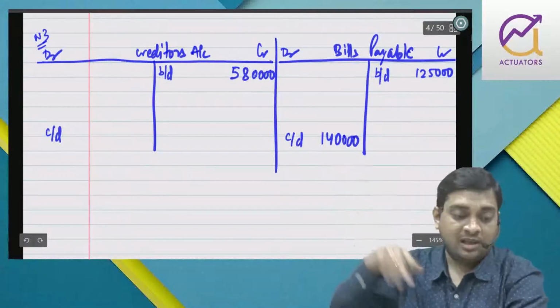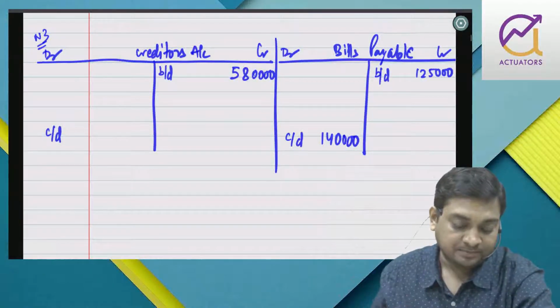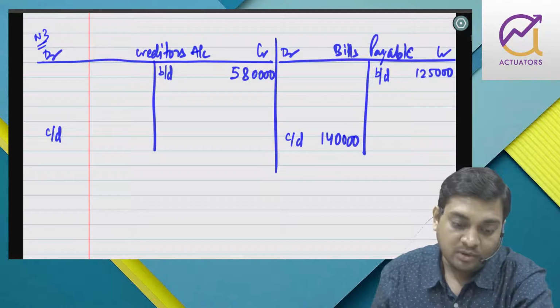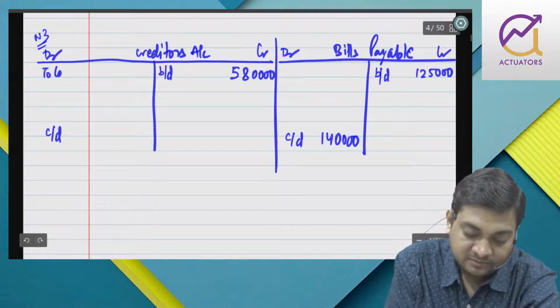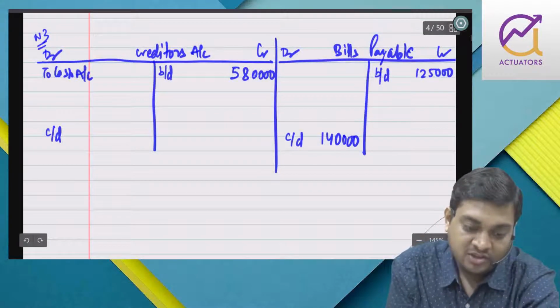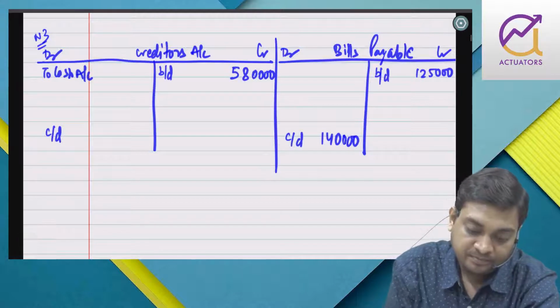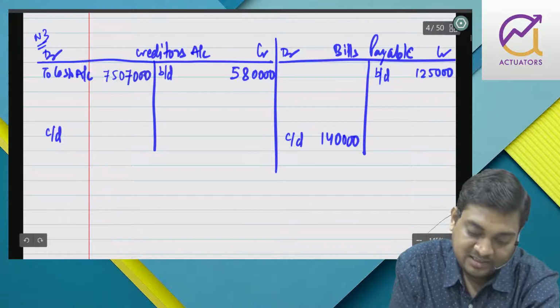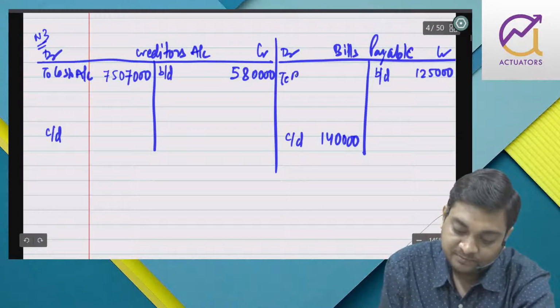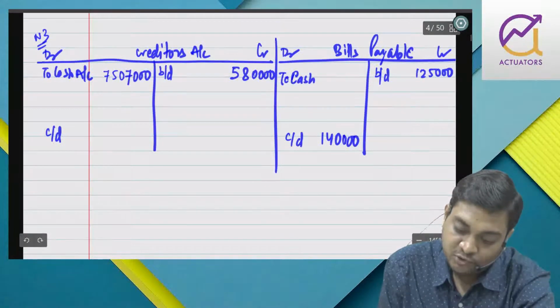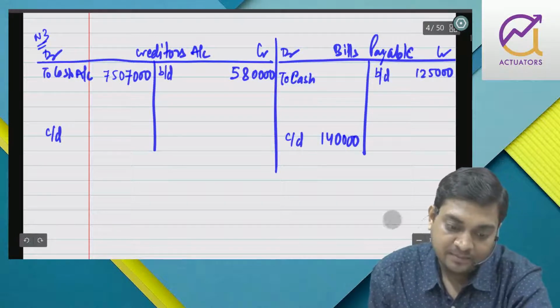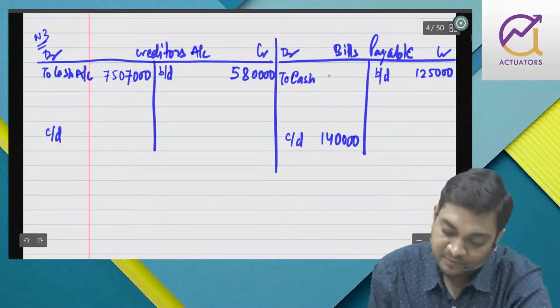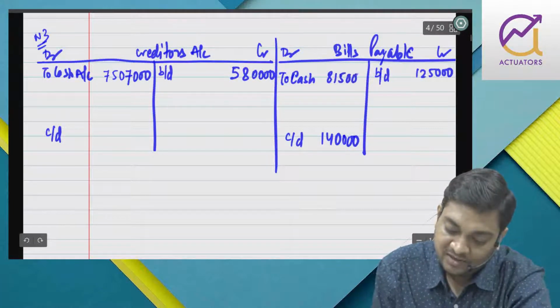Now I'll put up all the information that is given to us. Payment to creditors, to cash 75 lakh 7,000. To cash, bills payable is 8 lakh 15,000.